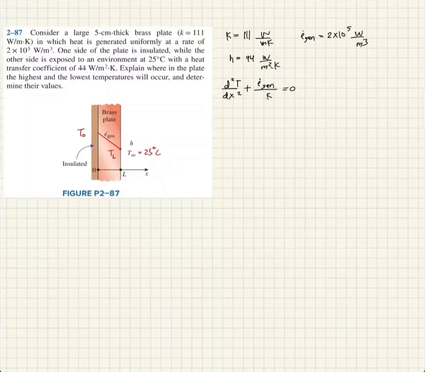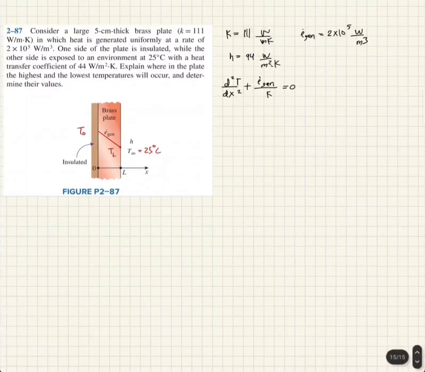That's why we are keeping this term, and we're saying that it's a steady state, which is why it's equal to 0. Also this one is one-dimensional, which is why we're only keeping the x here instead of writing the whole equation, which has x, y, z. Okay, so that's our equation, and we're gonna go ahead and solve this differential equation until we get to only T of x.